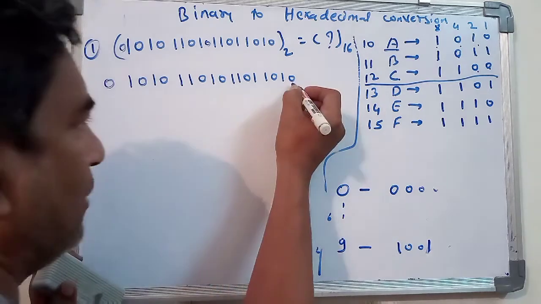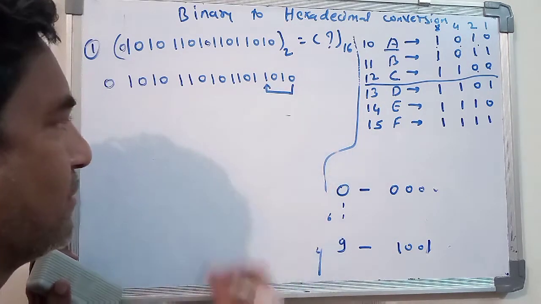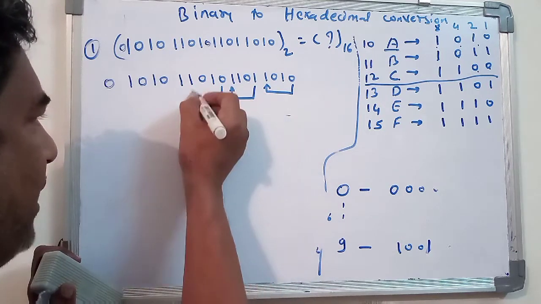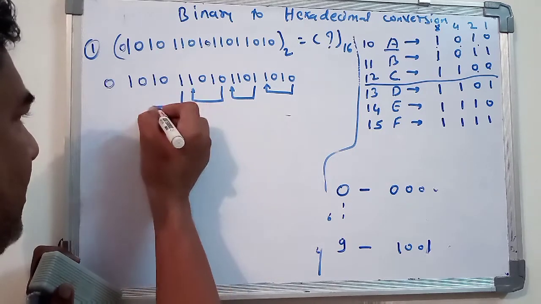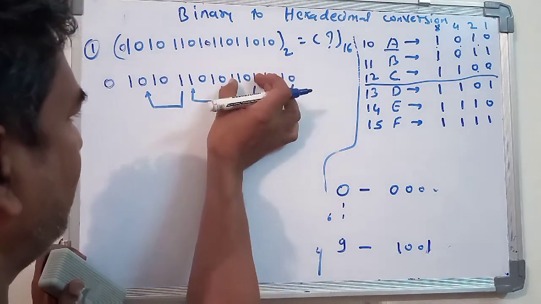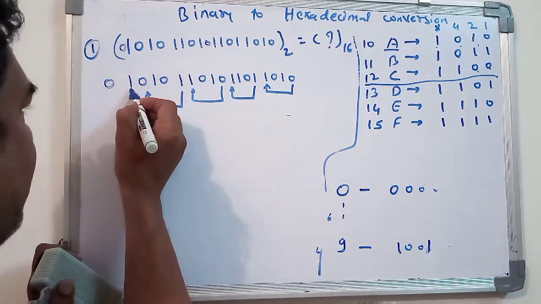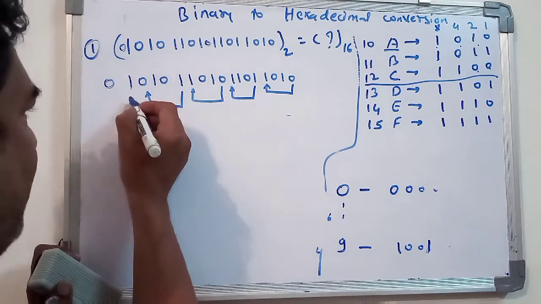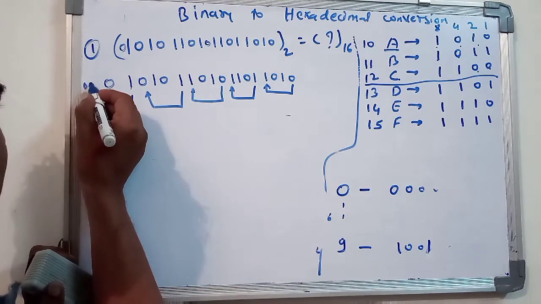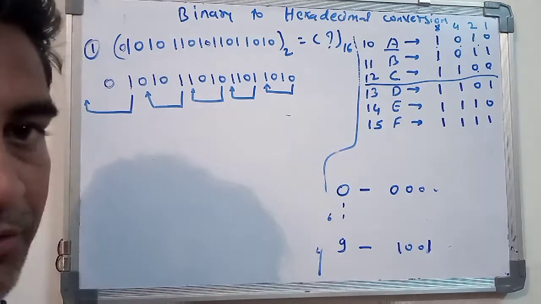Okay students, now what you have to do is mark the 4-bit like this, again the 4-bit like this, again the 4-bit like this, again the 4-bit like this. Here what remains? These 4-bits we have separated, and 0 and 1 there is a 2-bit. So before that you have to write 0 and 0, but no need to write because it is already 0.